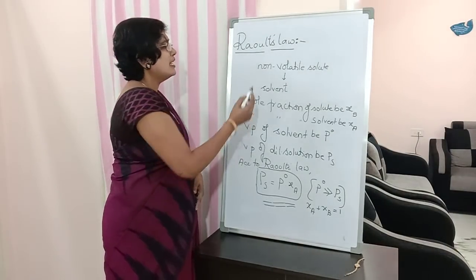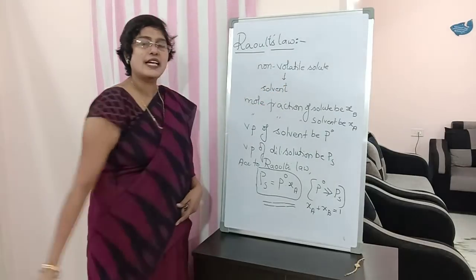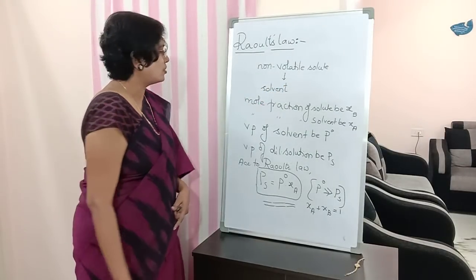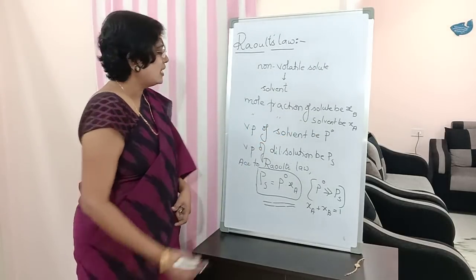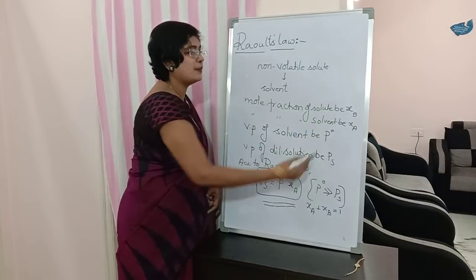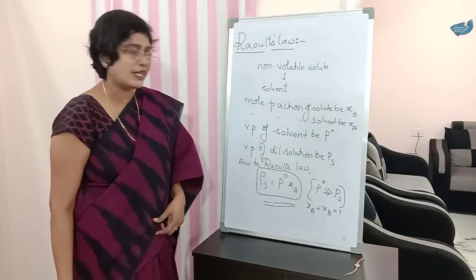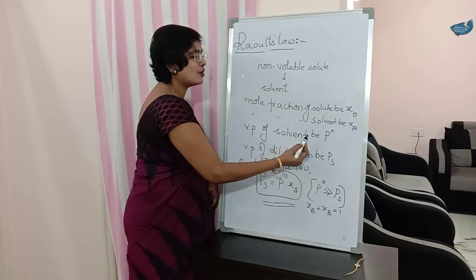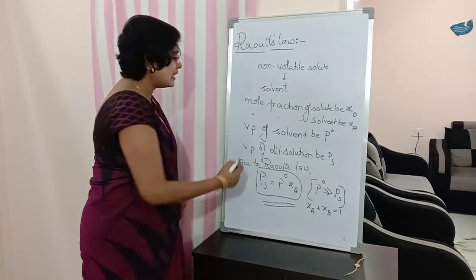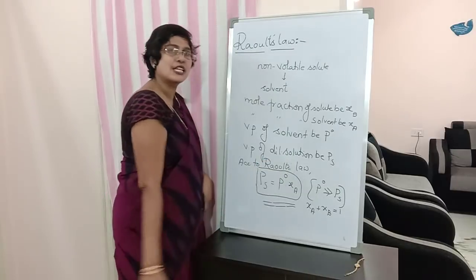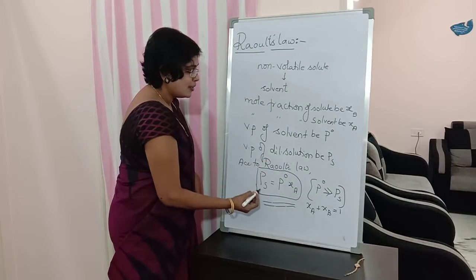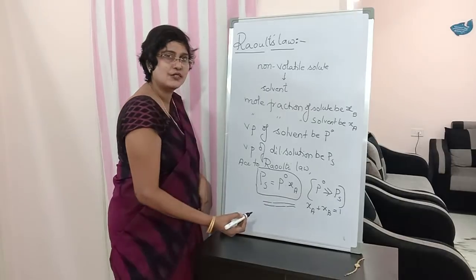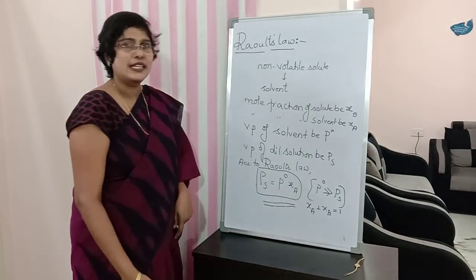Once again, let us consider a non-volatile solute dissolved in a solvent. Let the mole fraction of solute be XB. Let the mole fraction of solvent be XA. Next, let the vapor pressure of solvent be P naught. Let the vapor pressure of dilute solution be PS. Now, according to Raoult's law, PS is equal to P naught into XA.